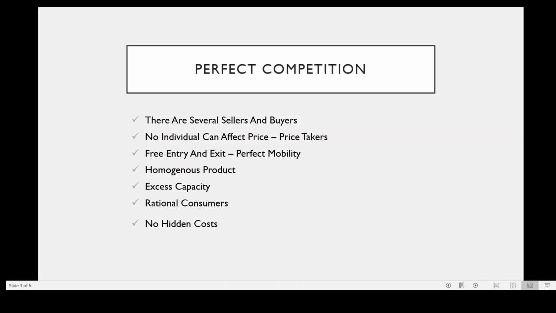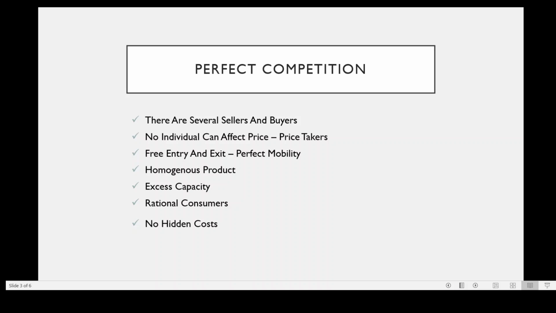There is free entry, free exit, and there is perfect mobility of resources. The product is homogeneous, and it does not matter to the buyer or the seller because the product is homogeneous. The consumer is indifferent to the seller, and the seller has no special preference.